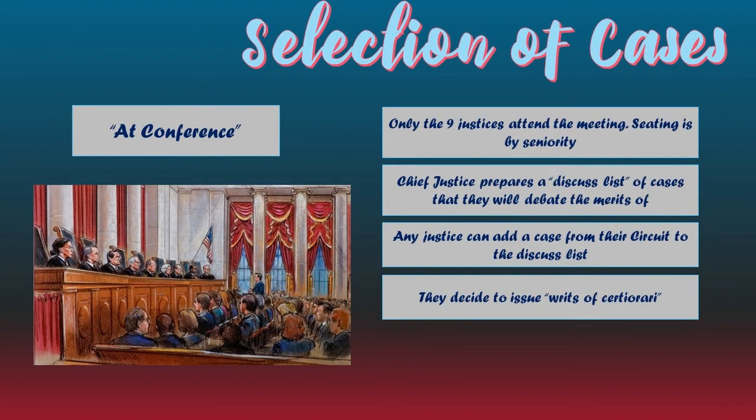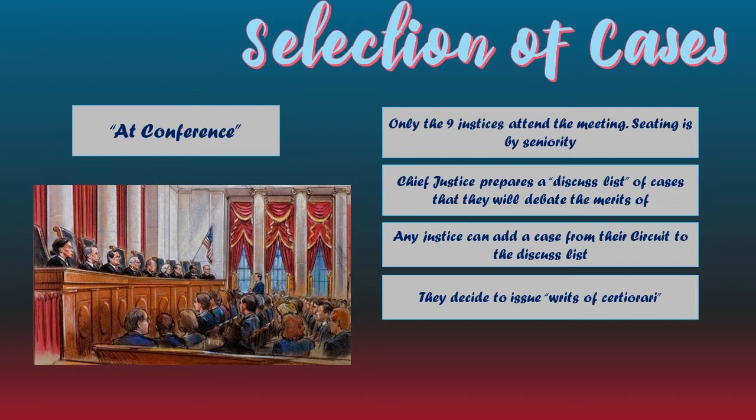All right, so the next step is what we call at conference. So that was the table at the beginning of this section here. Only the 9 justices go to this meeting, and they have assigned seats. They sit by seniority, who's been on the court the longest. So you might end up sitting next to or sitting across from the same person at work for decades. But they're going to sit at the meeting according to seniority.